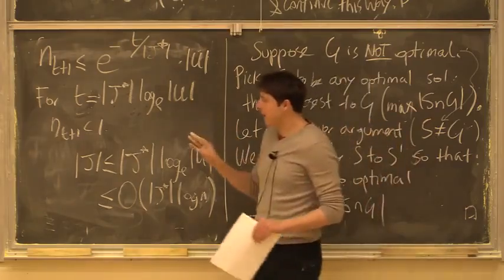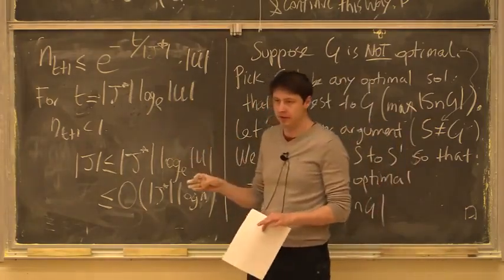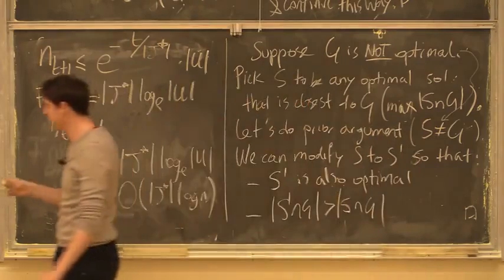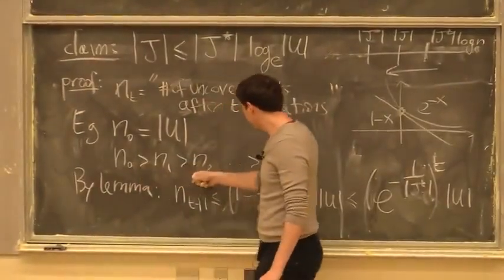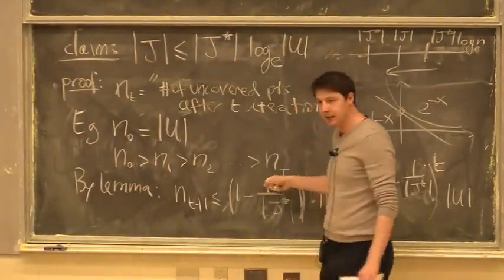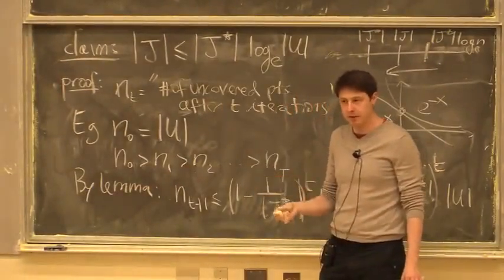Is it clear? So again, this proof has some computations. They're rather boring and not very interesting. Really, the whole point here is that this strategy is doing something, right? That's why we can prove something about it. What is it doing? It's ensuring that every time we pick a set, we make non-trivial progress.